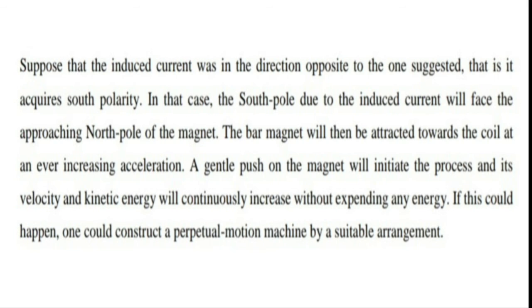A gentle push on the magnet will initiate the process and its velocity and kinetic energy will continuously increase without expending any energy. That is a violation of the law of conservation of energy, or we can say the work energy theorem.